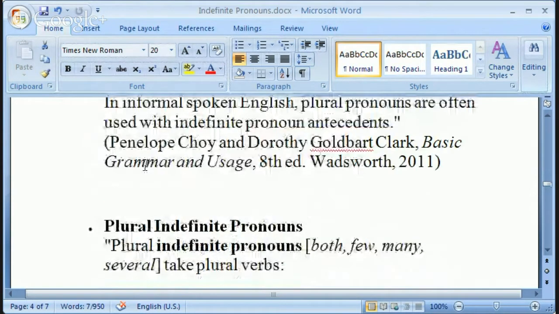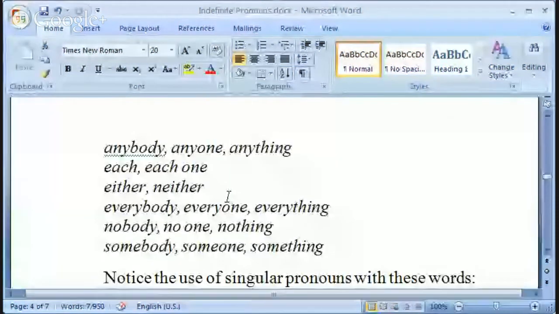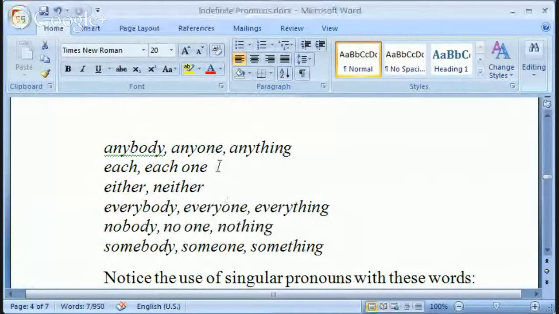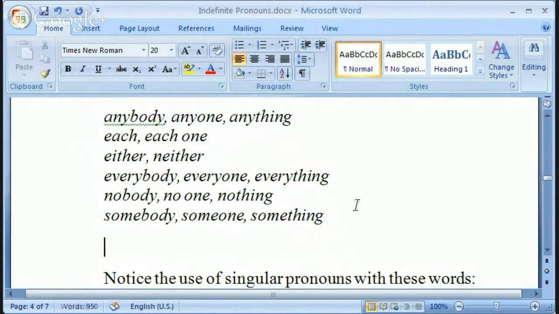All right, what I'd like to do is actually try to see if you can use a sentence with one of these indefinite pronouns. It's probably easiest to start by trying to use them as a subject noun, okay? Anybody can do it.